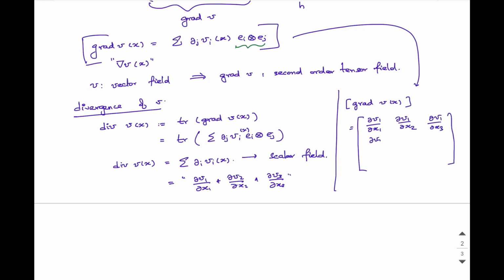I'll just fill this out. This is not difficult, but you should know where it comes from, and you should know that you don't have to memorize the expressions. It just follows naturally from the definitions. The only definition that you need to keep in mind is that of a directional derivative. Everything else follows from that.